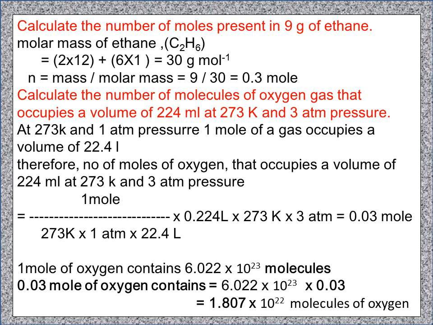So 273 gets cancelled. 22.4 and 224 can be simplified, and you will get 0.03 mole. 1 mole of oxygen contains Avogadro number of molecules, that is 6.022 into 10 power 23 molecules. Therefore, for 0.03 moles of oxygen, you multiply this Avogadro number with 0.03, you will get 1.806 into 10 power 22 molecules of oxygen.